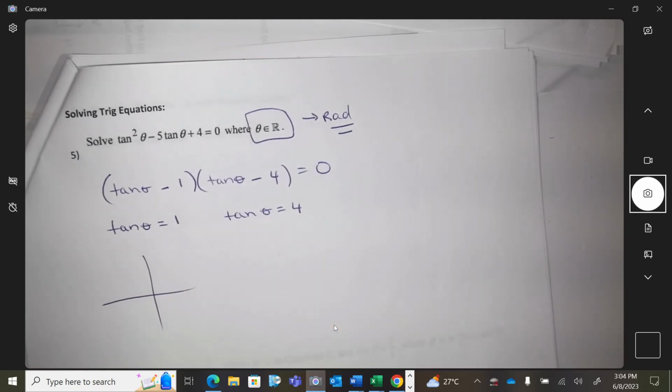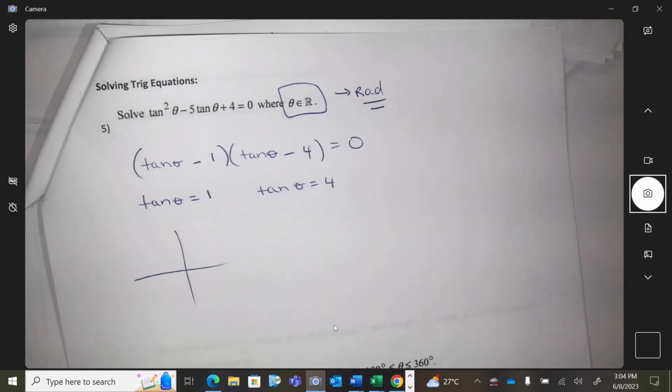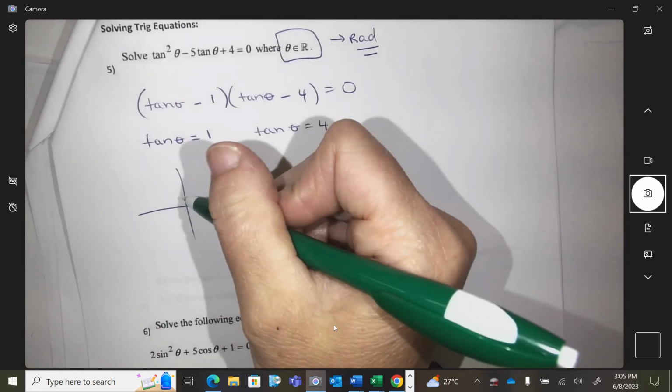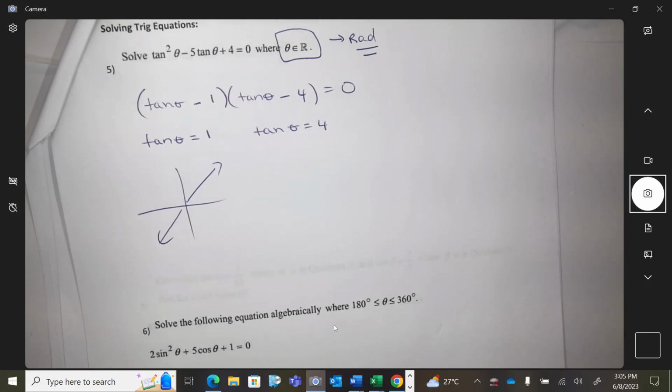Okay, can you tell me what quadrant this angle would end up in? So now, what are you remembering? ASTC. Look at all these things coming back into your brain. ASTC. Tan is positive. 1 and 3. So there's my angles.